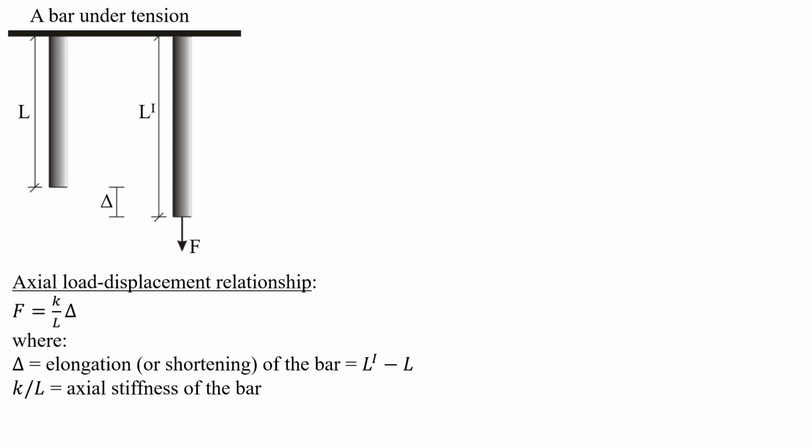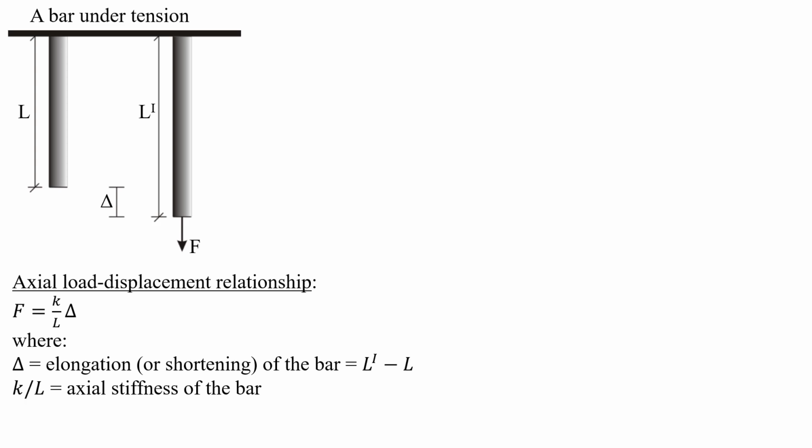K, I don't know what K is just yet, we'll get to that. The elongation, delta, or shortening, because it could be compressive as well, is just Li take away the original length. That's all it is. Li take away the original length.